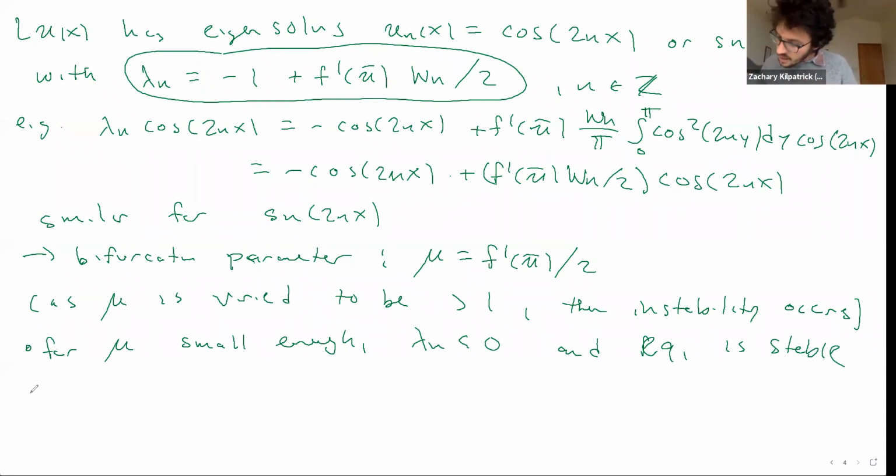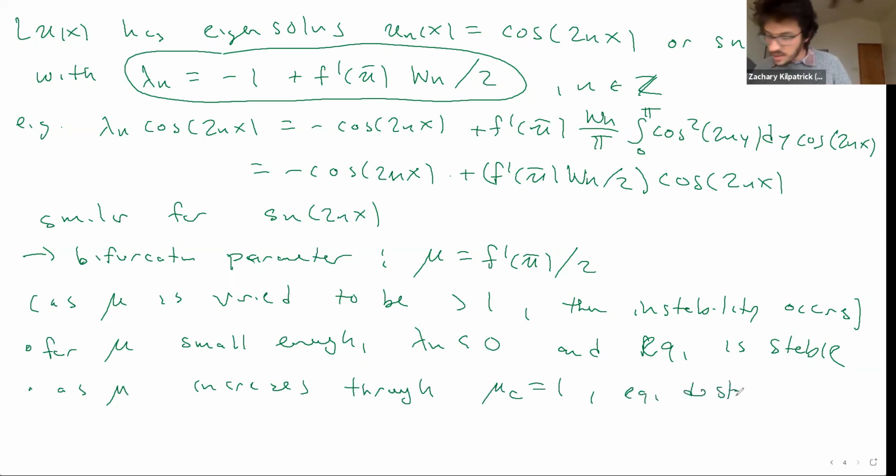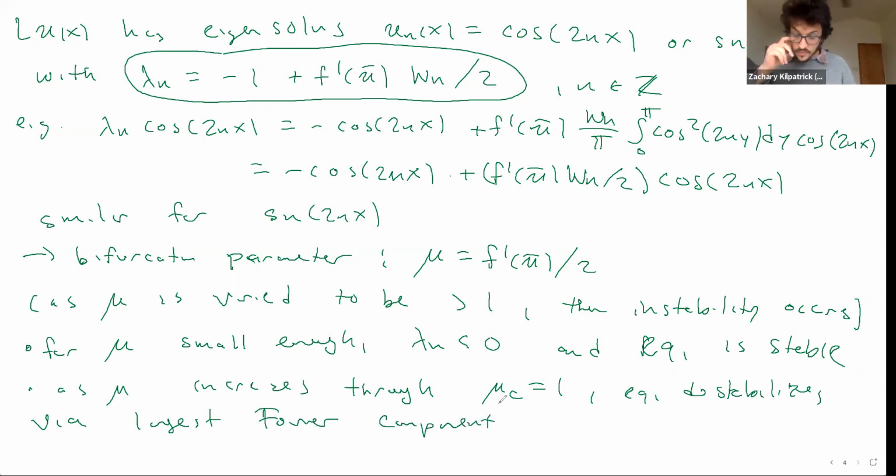And then as mu increases through, in this case, mu c equals 1, the equilibrium destabilizes via the largest Fourier component. So that's what we'll study next time.